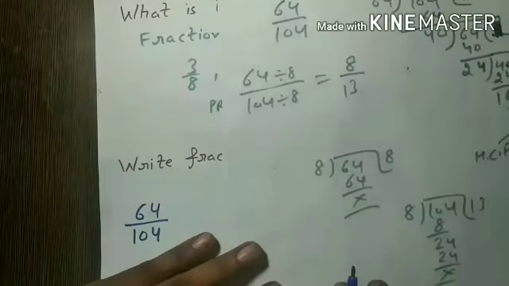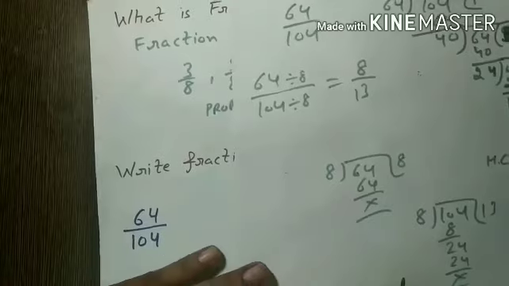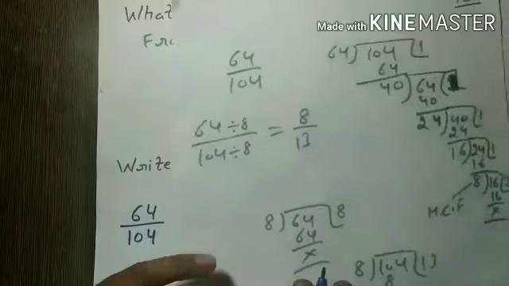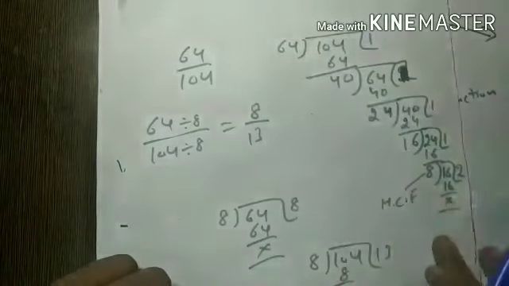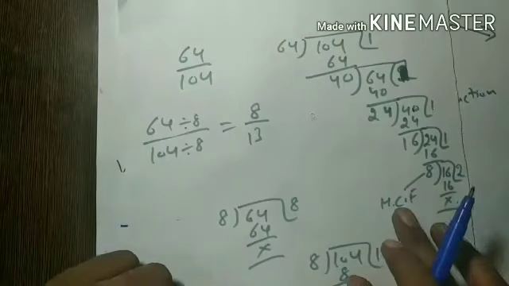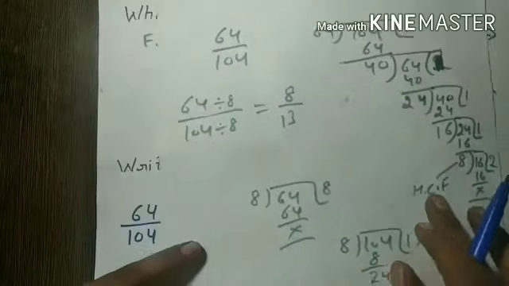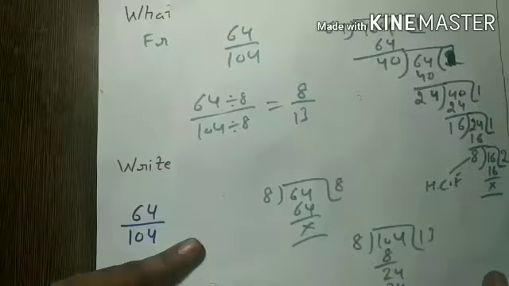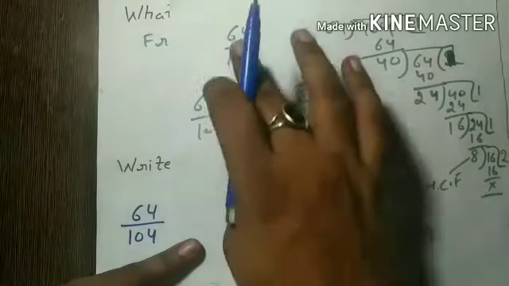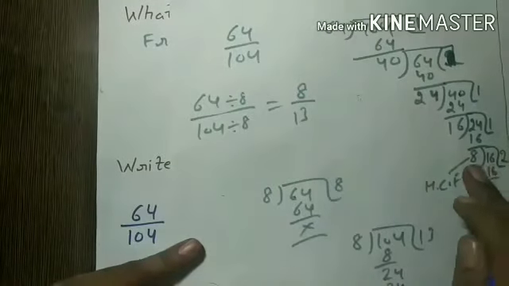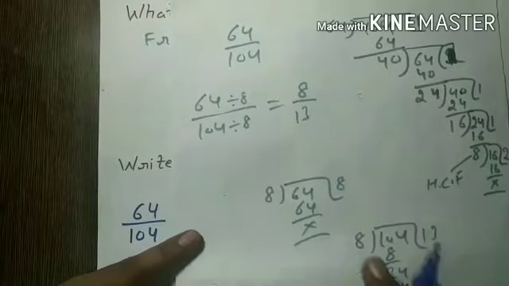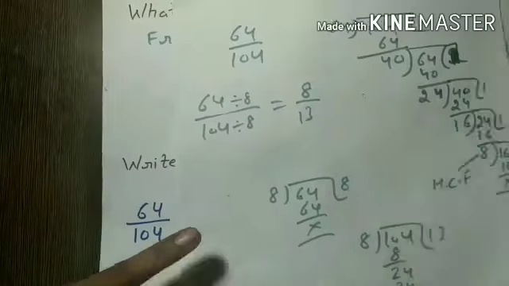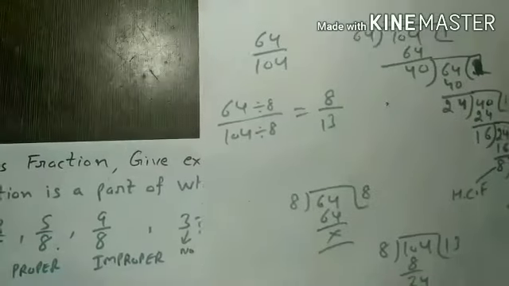So in this complete process, you come to know what long division is and how to find the HCF with long division, and in order to find the simplest form, you have to divide numerator and denominator by the HCF. Okay student, so we got the answer, and I will write this in my question part.